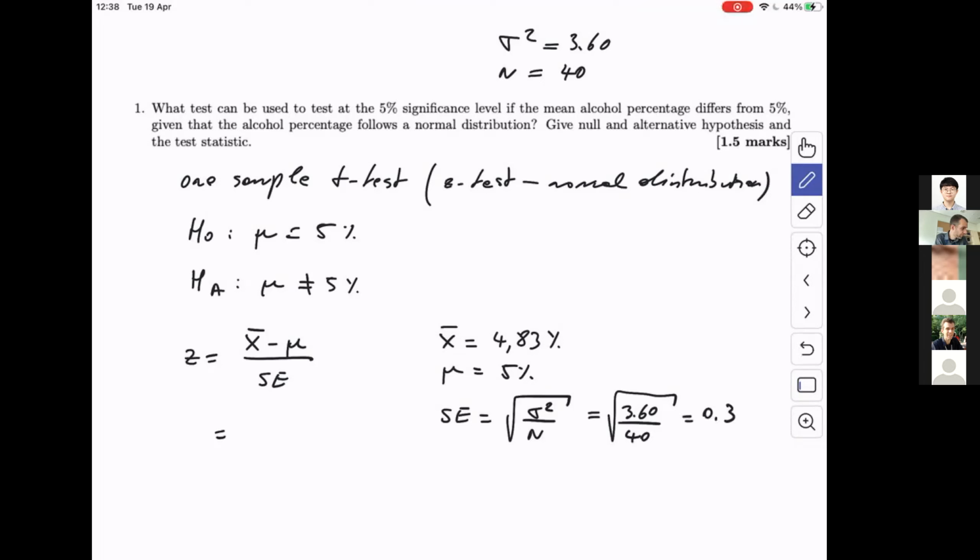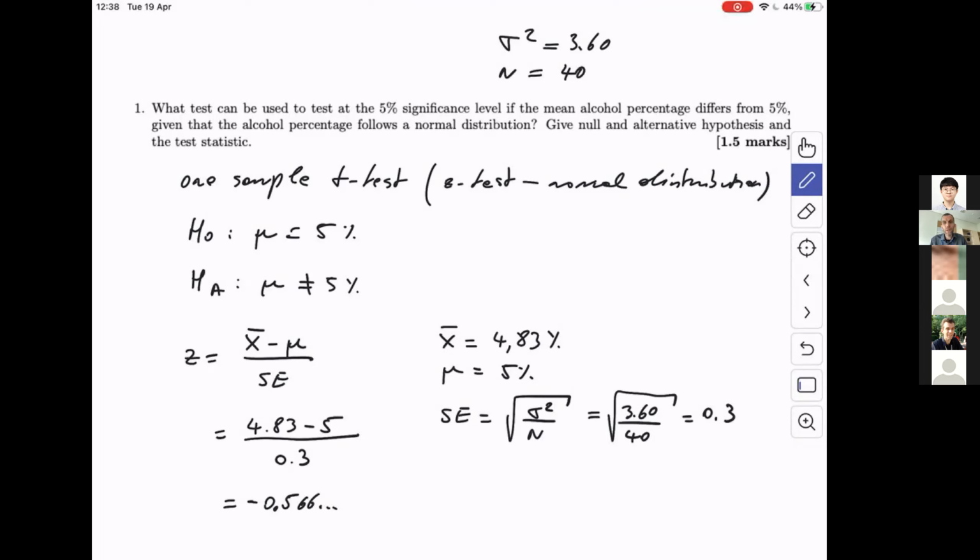With that, I can put everything together. I get 4.83 minus 5 divided by 0.3. And if I calculate that correctly, that should give me minus 0.566 and so on. So not difficult, but you have to know which test to use and what everything means in it.